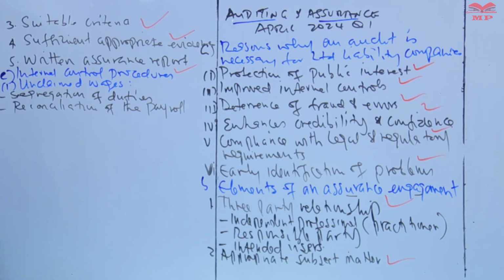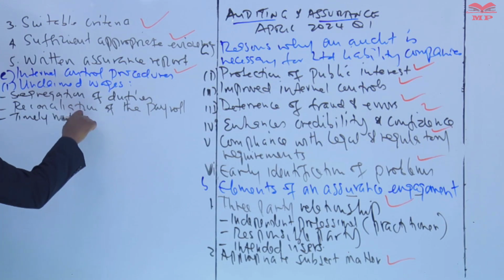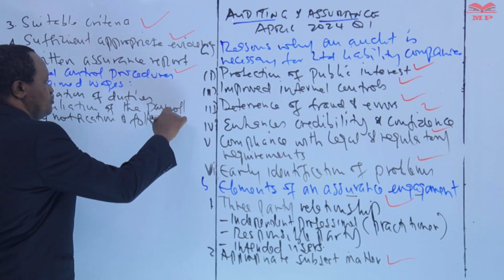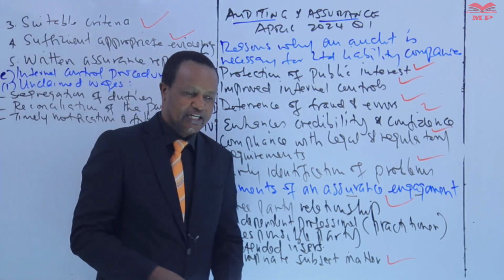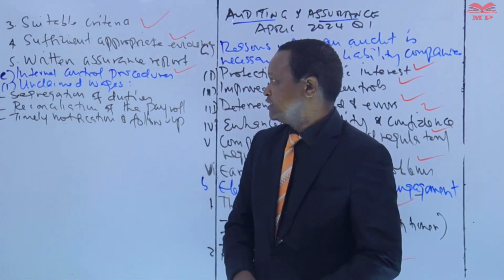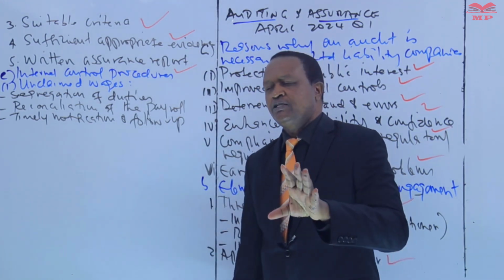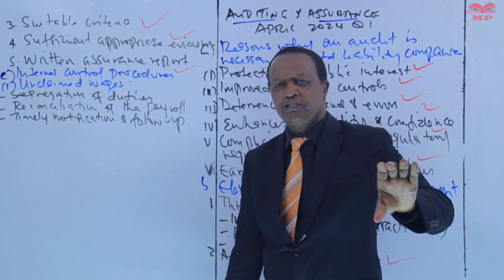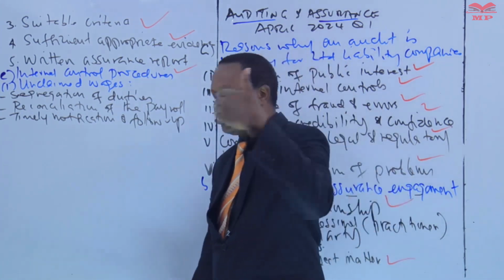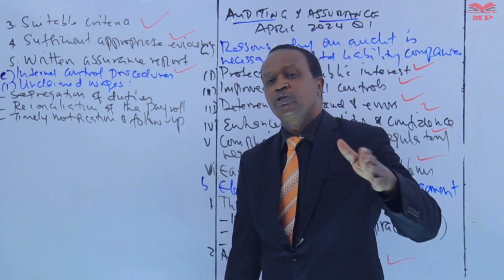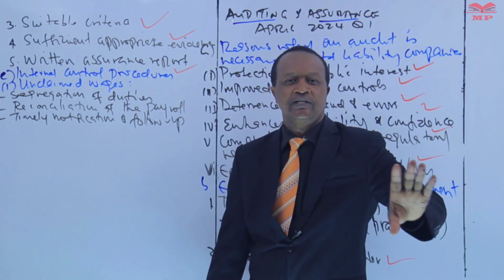Then there has to be timely notification and follow-up. That is an internal control procedure in relation to unclaimed wages. The company should establish a clear procedure for notifying employees of their unclaimed wages and then follow up on them to ensure they receive their rightful pay.